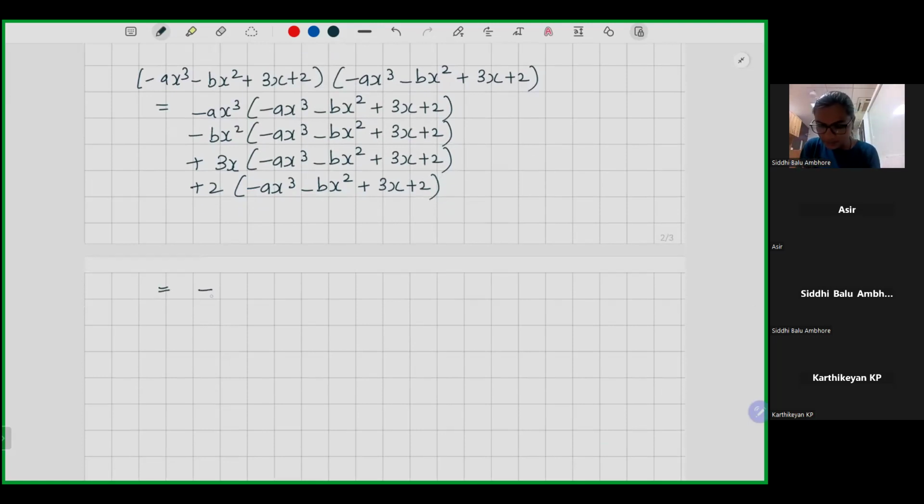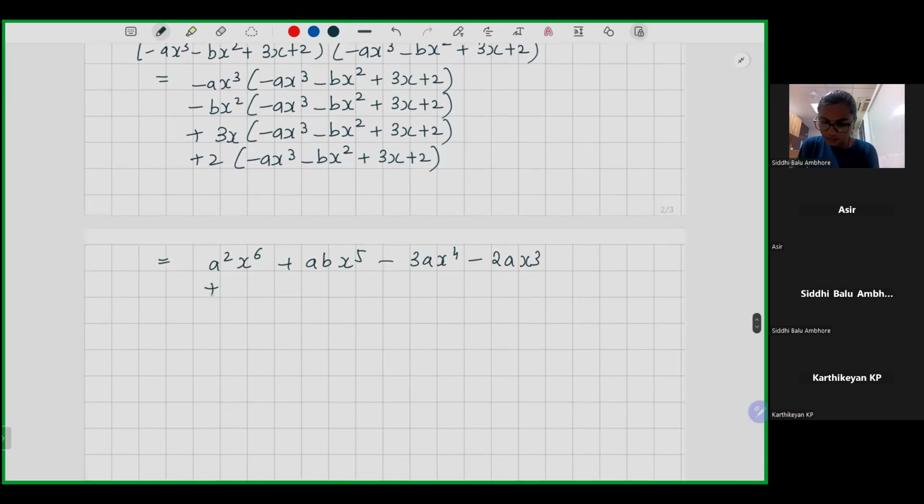A minus x a square x power 6 plus ab x power 5 minus 3a x power 4 minus 2a x cube plus ab x power 5, let me take this, plus ab x power 5.